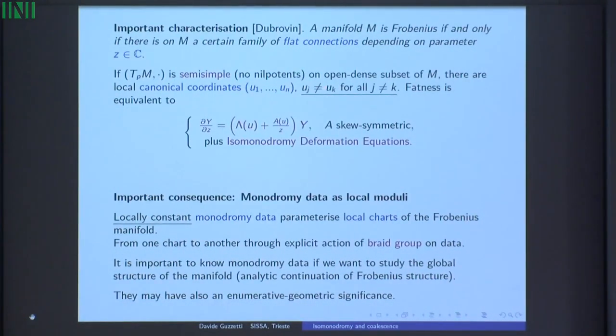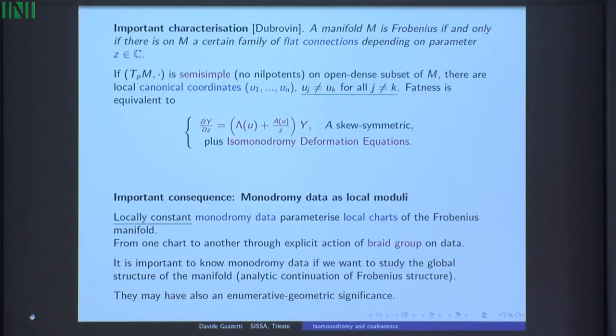And where these are different, so this is an important condition, the condition that the connection is flat is exactly our system plus the condition that this system is isomonodromic. I will not explain how this happens. It's a long story, but this is just to motivate why we want to study this system, which is isomonodromic.